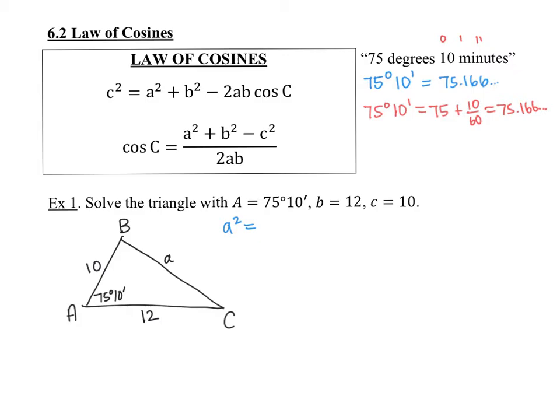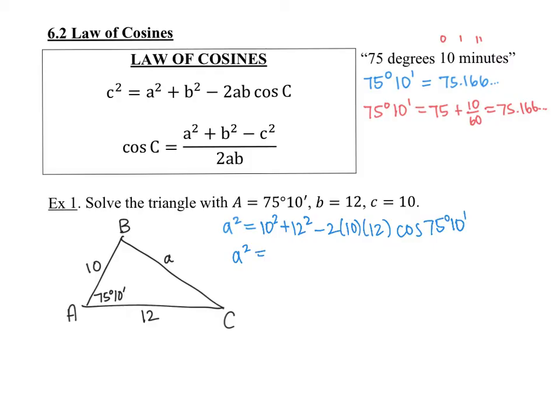So this is going to be a squared equals 10 squared plus 12 squared minus 2 times the adjacent sides times the cosine of the angle opposite a, which is 75 degrees, 10 minutes. Put that entire expression in your calculator.